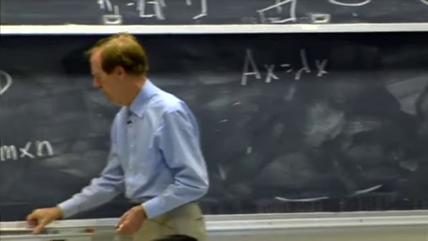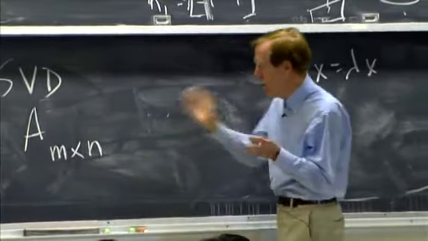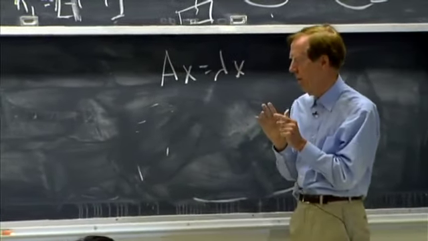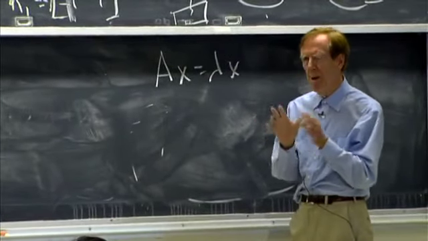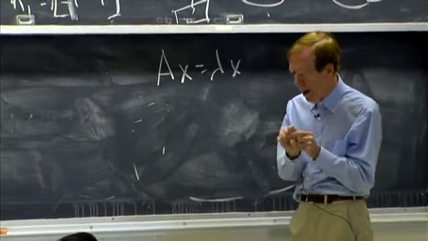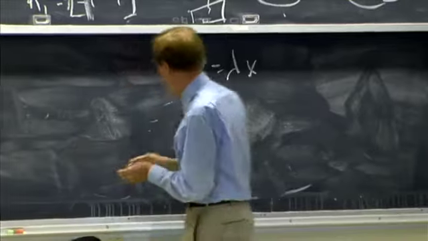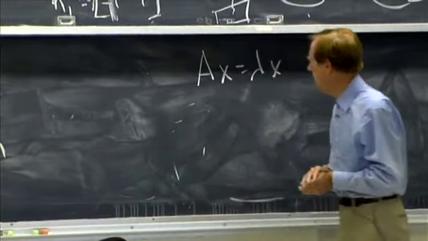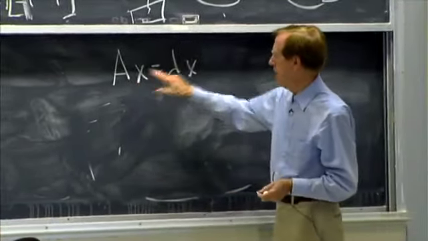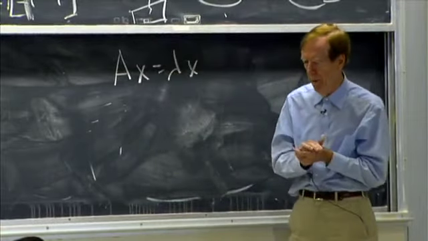So eigenvectors are not what I'm after, but somehow the goal of eigenvectors was to diagonalize. The goal of eigenvectors was to find these special directions in which the matrix A just acted like a number.